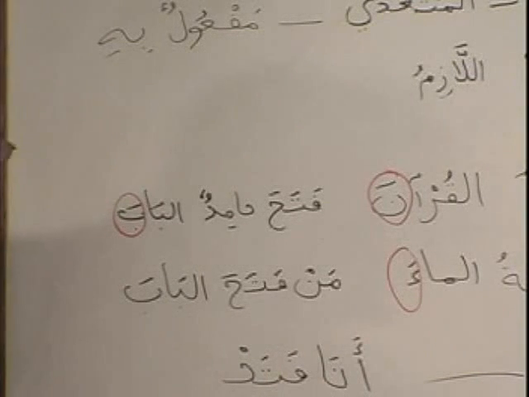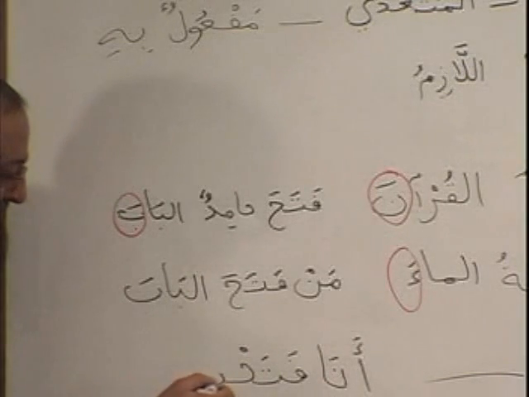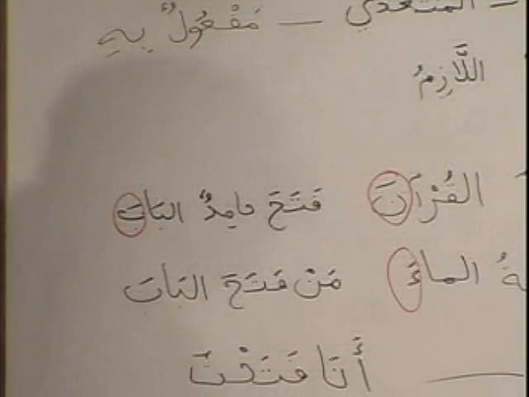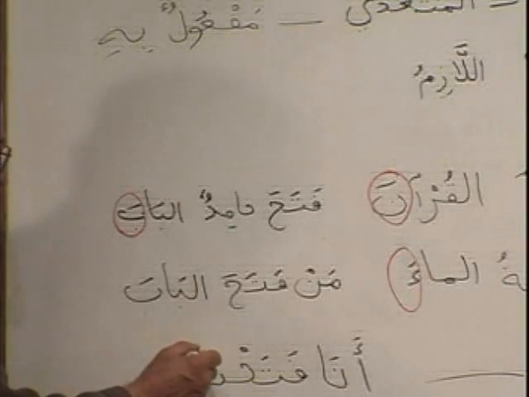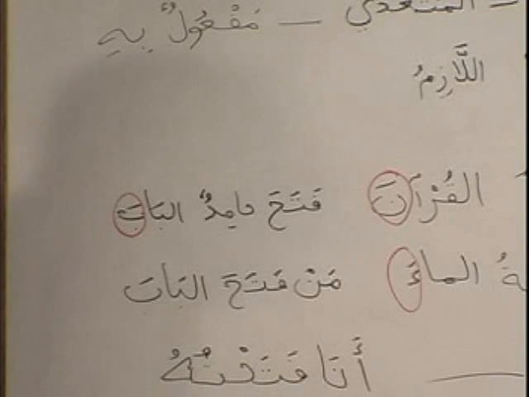See, now fatah is your verb, tu is your fa'il, and then what is hu, brothers and sisters? Maf'ulun bihi. Got the idea? So, fatahtuhu, brothers and sisters, break it down now.